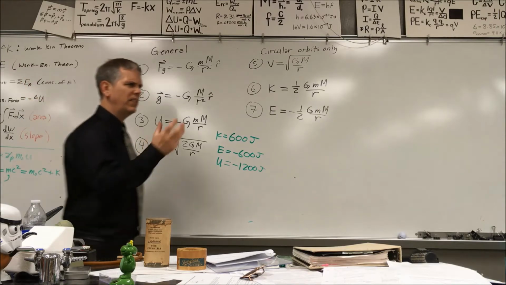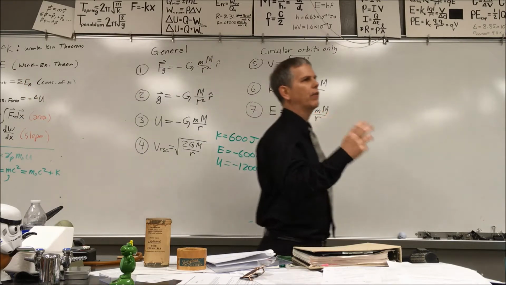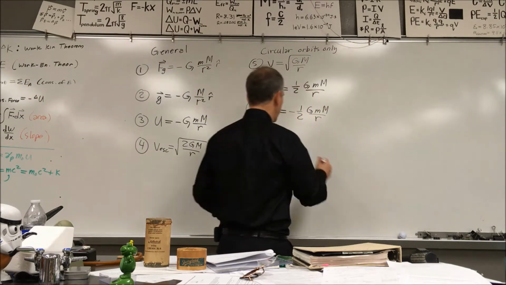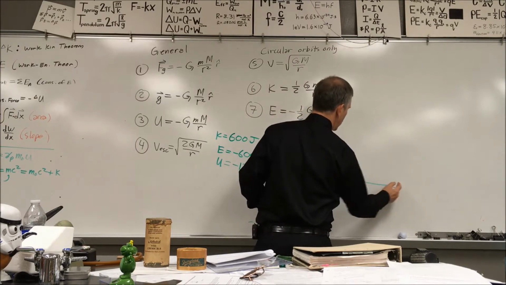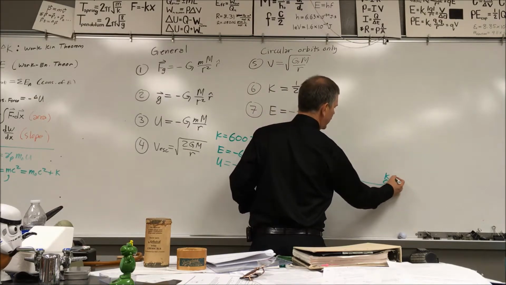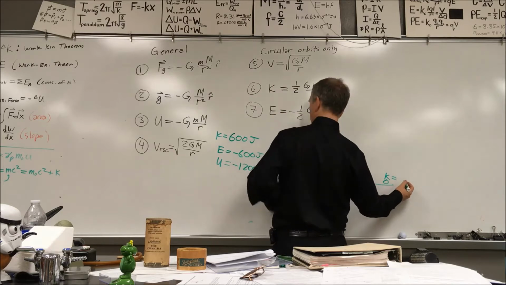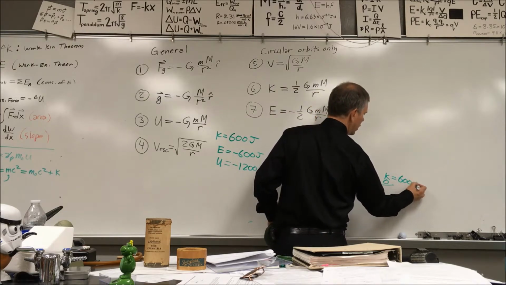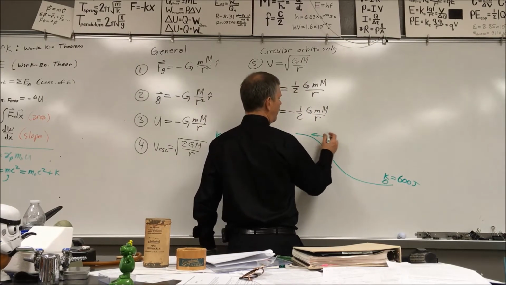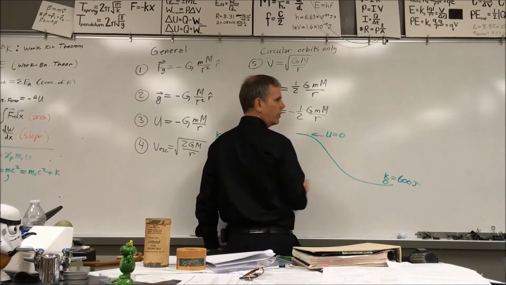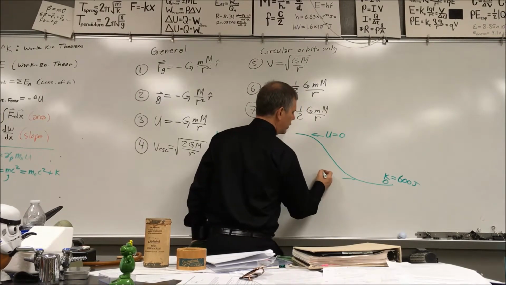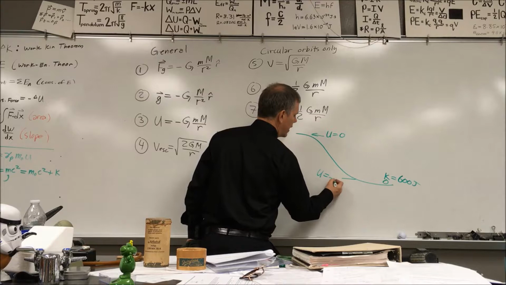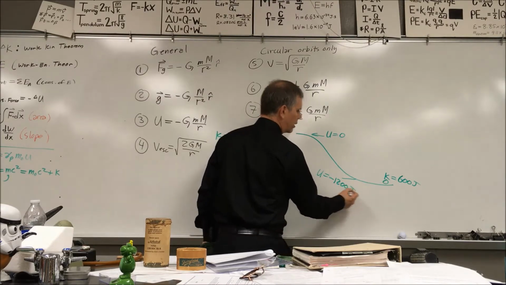And you might say, what does it mean that E is negative? Once again, imagine our ramp. An object has kinetic energy. Let's say it has, well, since we're using those numbers, 600 joules, and here at infinity, U equals 0. Let's say right now, U equals negative 1200.